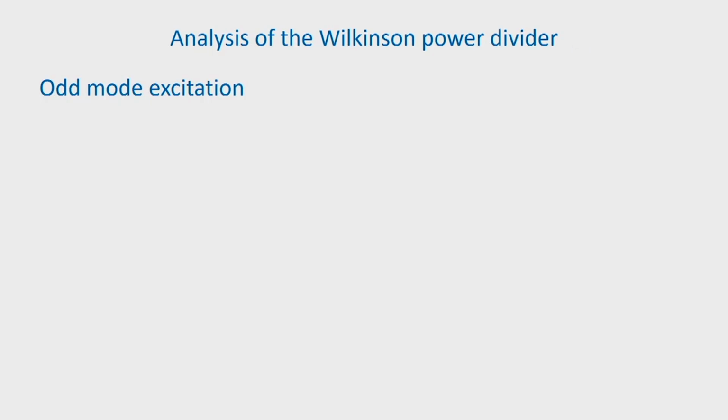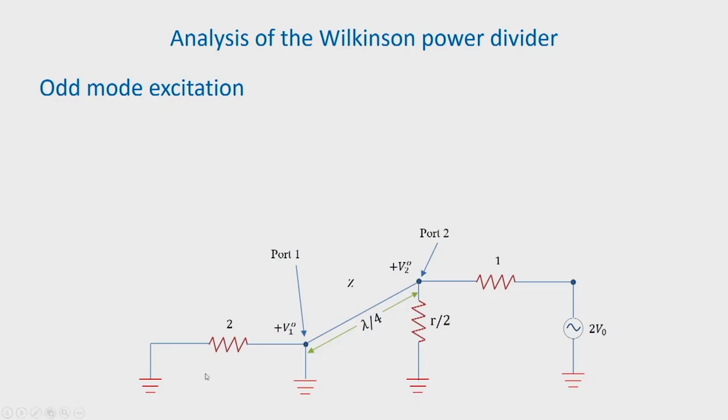Let us now see what happens for the odd mode excitation. We have seen that for odd mode excitation, this bisection line here becomes short circuit, R by 2 becomes short circuited, and therefore, we can see that V1^O, since this point is grounded, is 0.